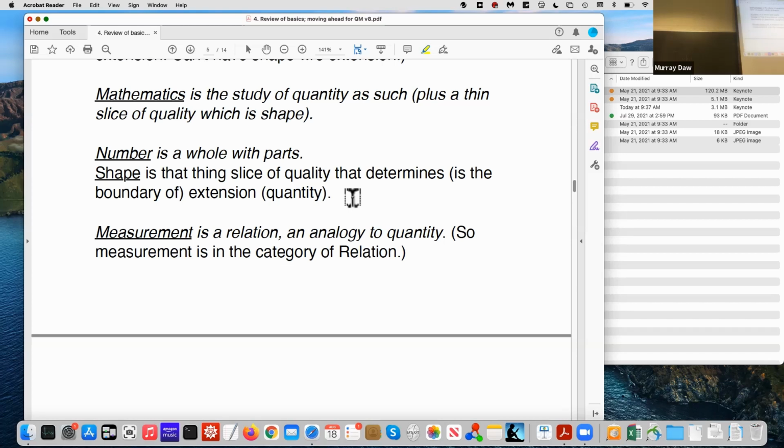Why is it not quantity itself? Because I can have two triangles that have the same shape but different size. Put two triangles together, I don't get more triangles, right? The shapes don't work that way. So math, in its basics, in its primitive origins, is the study of quantity, which is the base property of physical things.